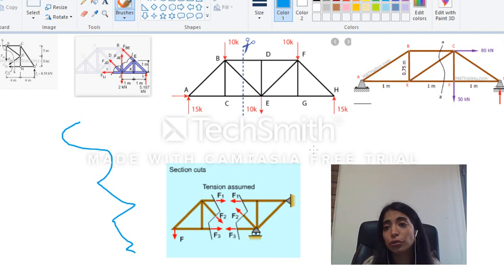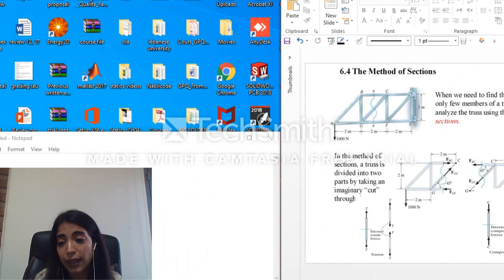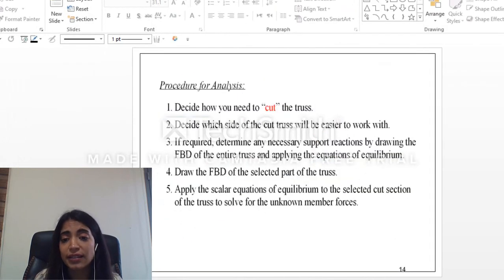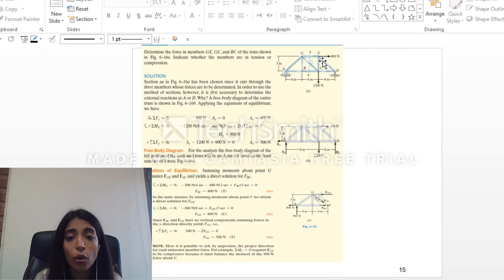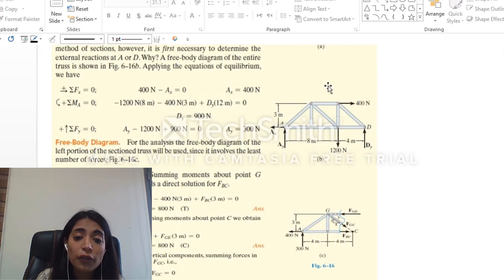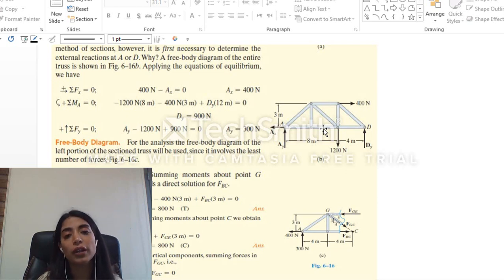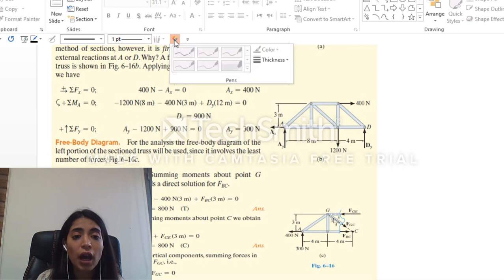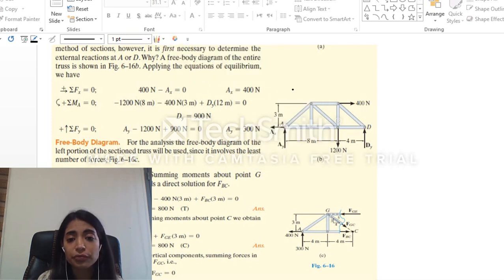Now what I want you to know, if for example I have the case where I should find the internal forces of these three members, like the problem that we will be solving in the following video, then basically I should do this cut.